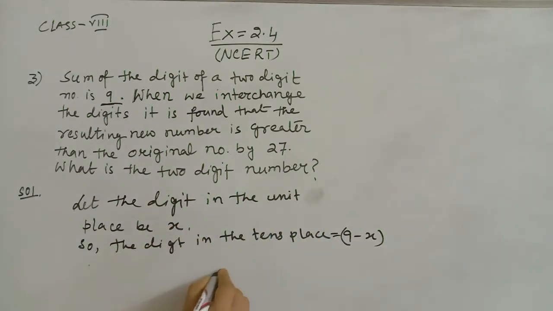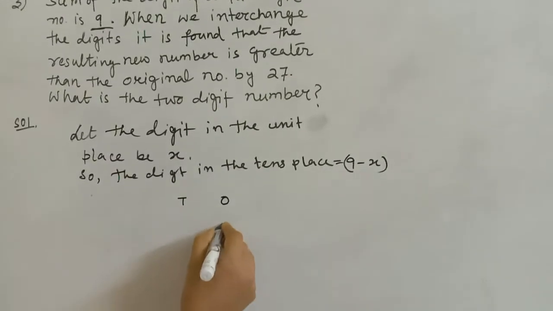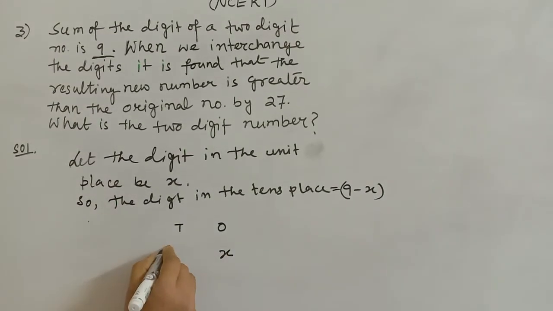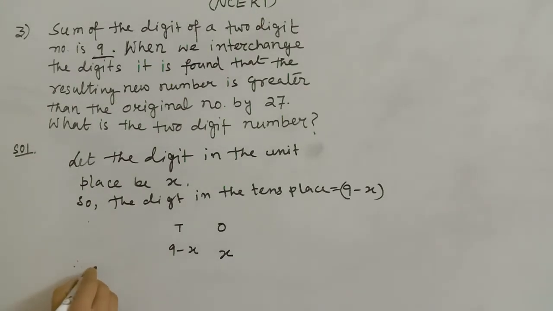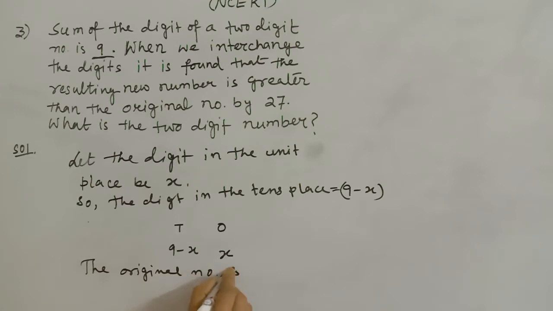Now, take it is ones place and it is tens place. The original number, if I have taken the ones digit as x and the tens place digit is 9 minus x, then the original number is, see, it is in the tens place.